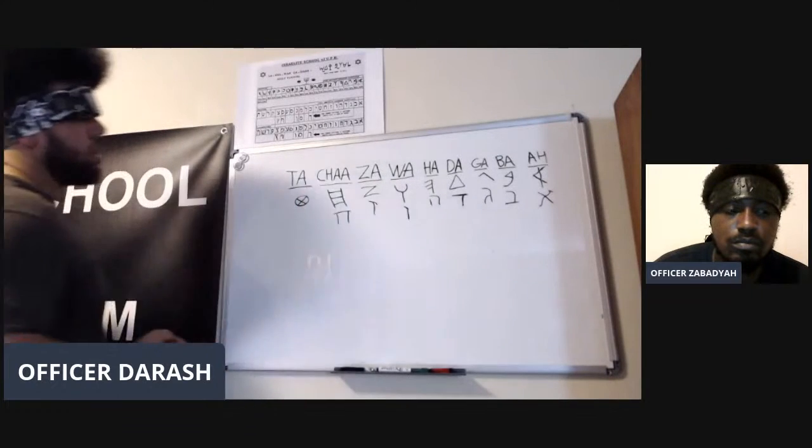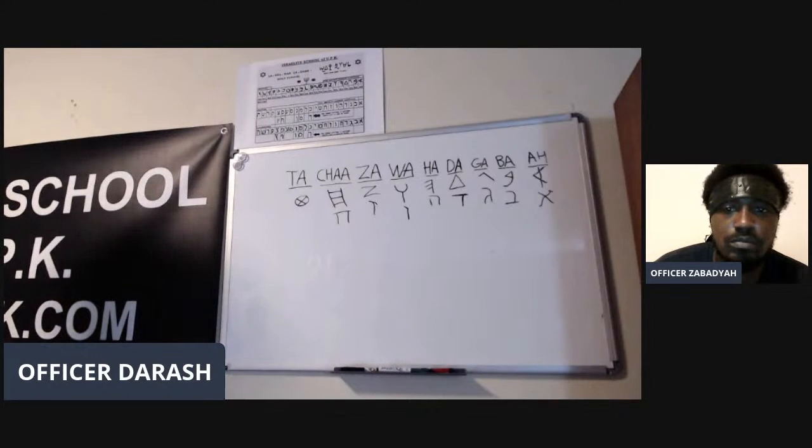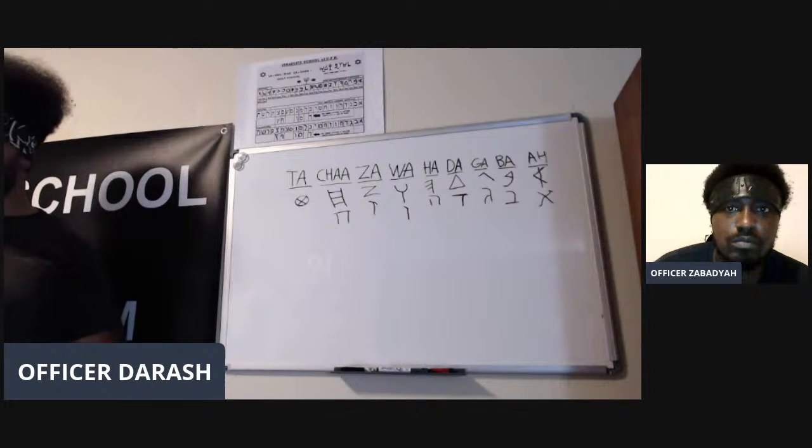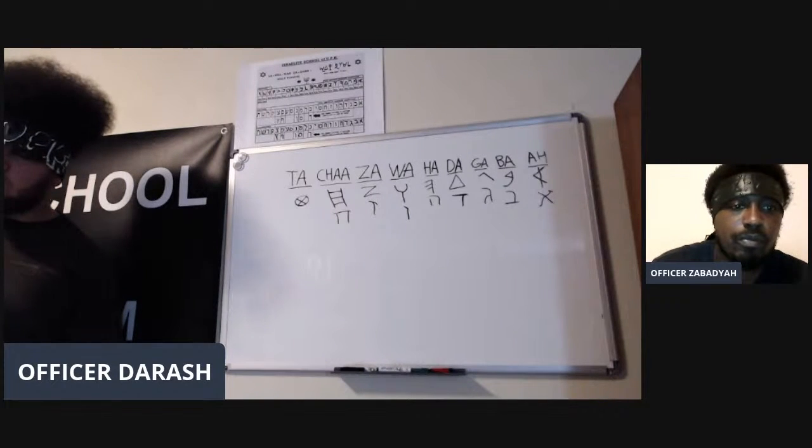In the Assyrian, for Ta, this is where it gets a bit tricky. Unfortunately, there would be two or three different letters that look alike, and that can be confusing.